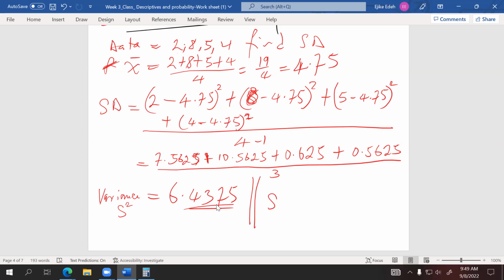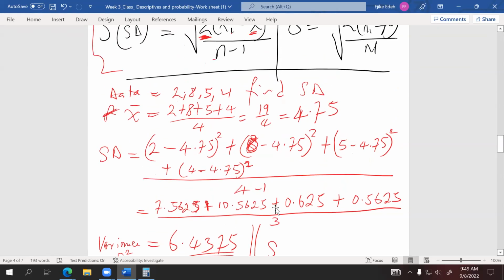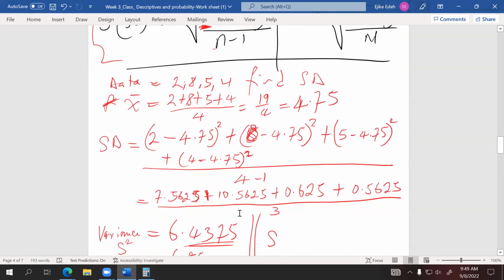What do you have? I got 6.25. Can anyone confirm? I got 6.43. So these things are pretty easy to miss. The value is 0.0625, not 0.06.